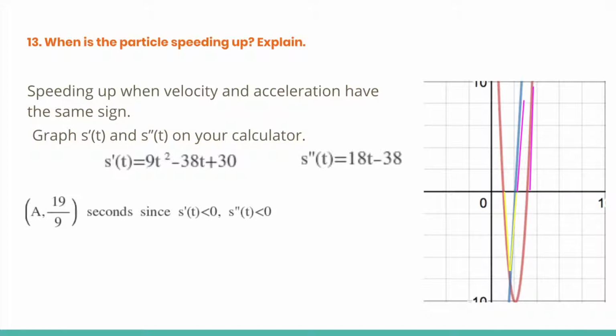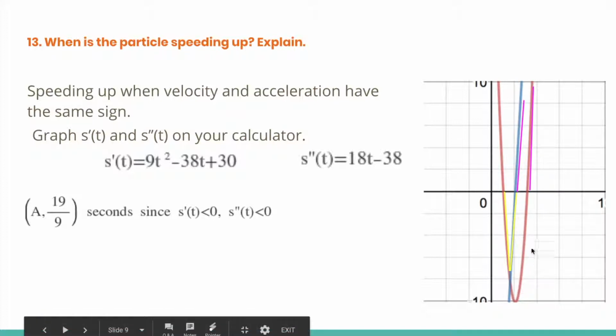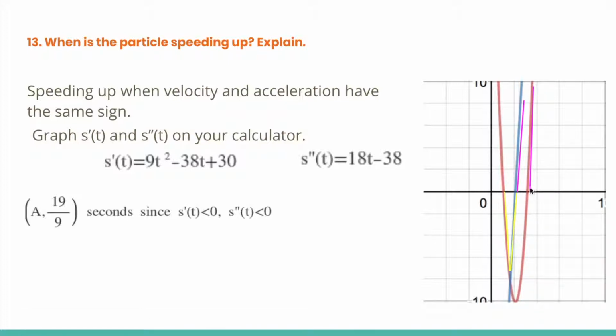And then at 19/9 seconds, the acceleration function becomes positive, but the velocity function is still negative. So until the velocity function reaches B seconds, the particle is not speeding up, because that is when velocity becomes positive.